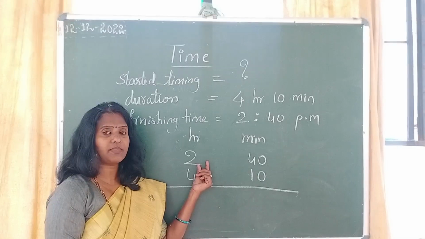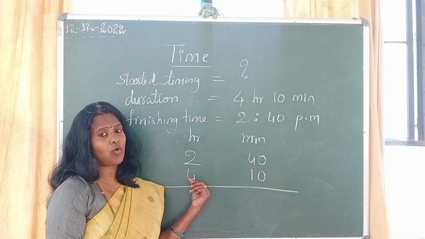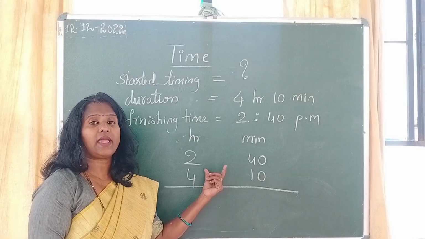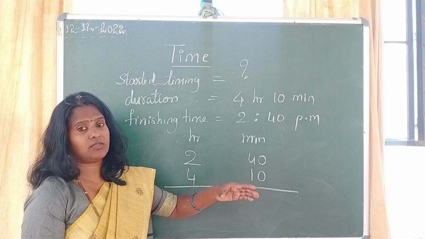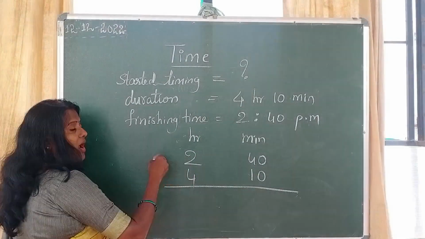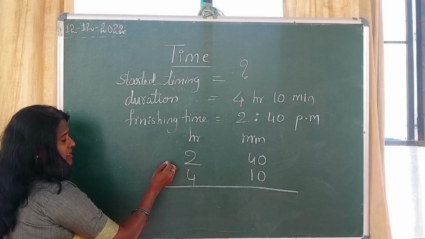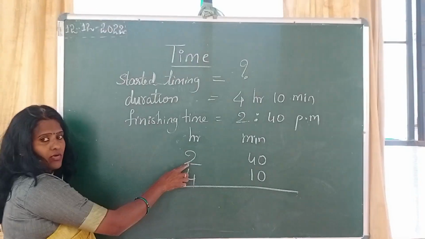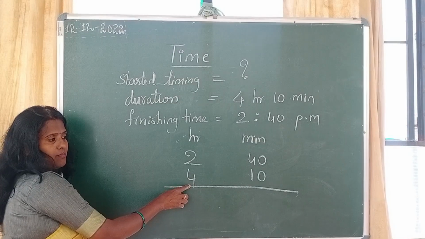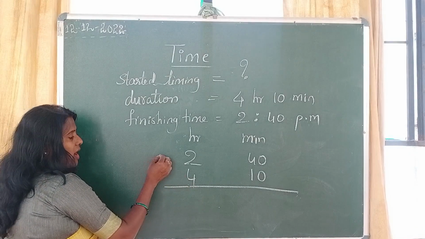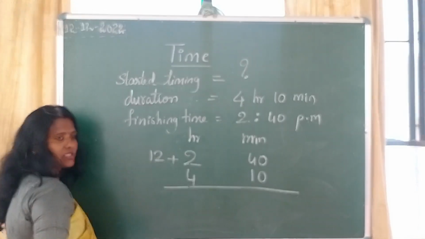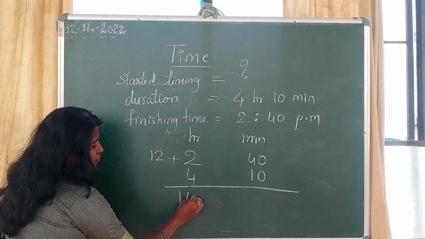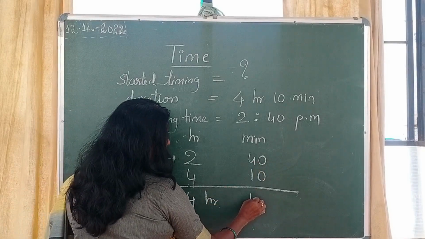But can I subtract 4 from 2? No. Therefore, you have to borrow 12 hours for this. If you can't subtract a bigger hour from a smaller hour, then you have to add 12 hours. Half a day we have to take there. So 12 plus 2, 14 hours, 40 minutes.